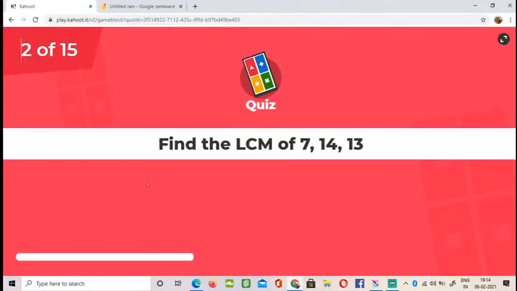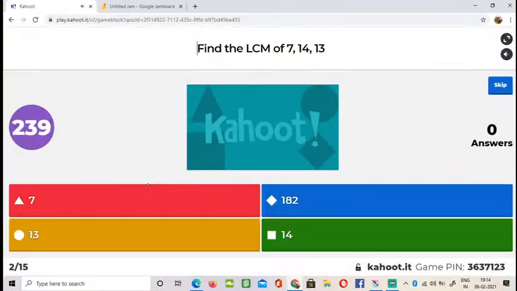Here is your second question: find the LCM of 7, 14 and 13. I have already said even this to you. Again, this is so easy, right? I think you will give the answer so fast once you get the question on YouTube. Six answers, seven. I think the answer count is increasing.